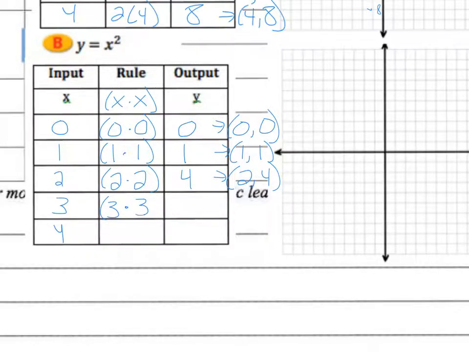So 3 multiplied by 3 is going to give me 9. When I put in 3 for x, I got out 9. And then I have 4 multiplied by 4, which is 16. So when I put in 4 for x, I got out 16. Now I'm ready to graph, since I have my ordered pairs of when I put a number in compared to what I get for the number out.